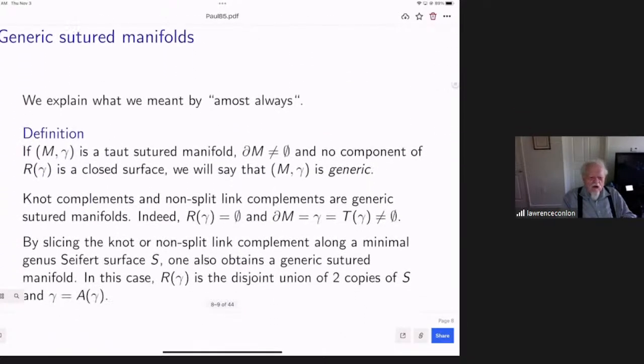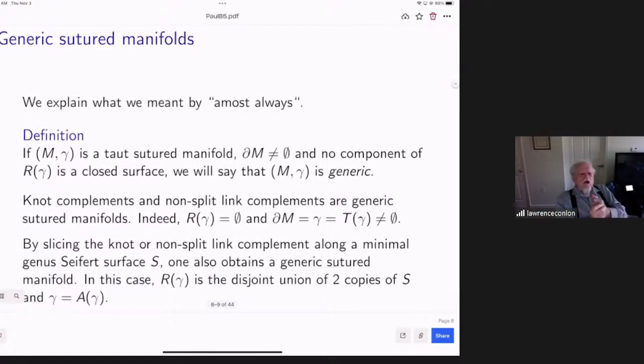So first, almost always, I'm going to introduce the notion of a generic sutured manifold. It's a taut sutured manifold, non-empty boundary, and no component of R(γ) is a closed surface. If that holds, we'll say that (M, γ) is generic. That's because most of the sutured manifolds that actually are of interest and arise satisfy this condition.